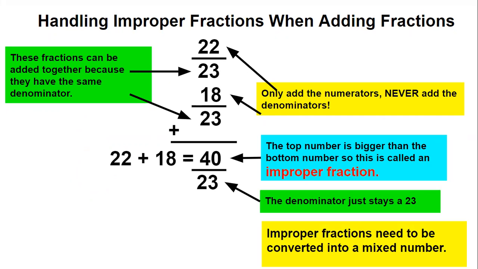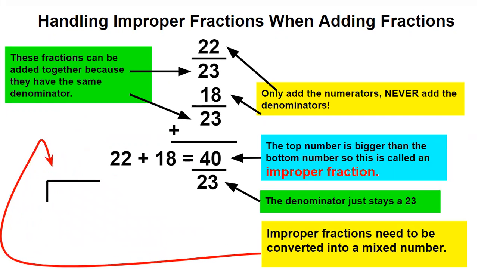Okay, how do I do that? I make my little division house. What number goes on the inside, 40 or 23? Right, the numerator goes on the inside, 40. And then the 23 goes on the outside.